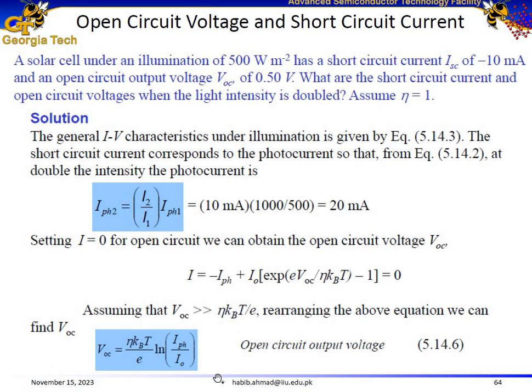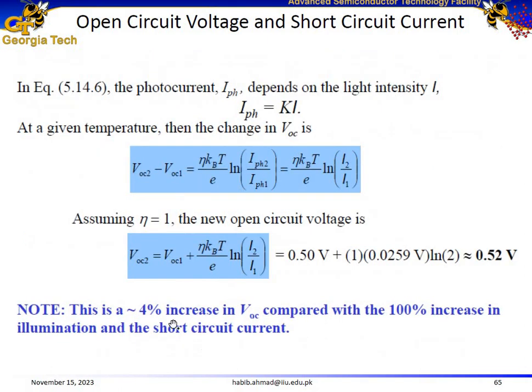The goal is to calculate the open circuit voltage. Now we have two situations. In one situation, the short circuit current is 10 milliamps and the open circuit voltage is 0.5. We nominate it as VOC1 and IPH1. And in the second situation, the ISC is doubled to 20 milliamps, but we don't know VOC. So in the second situation, you can assume it as VOC2 and IPH2.